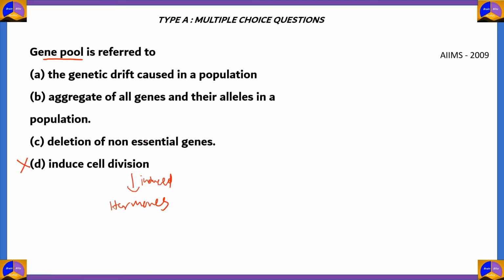Option C, deletion of non-essential genes. That is often found in the phrase robustness of genes and not gene pool. Option C is incorrect. What about option A, the genetic drift caused in a population? That is referred to as genetic drift itself. So option A is incorrect.